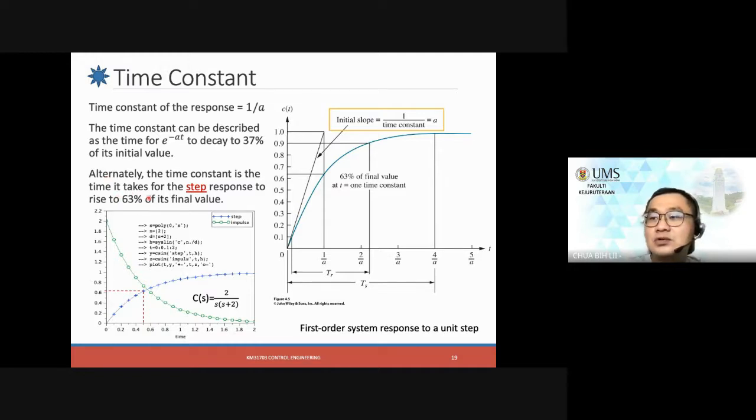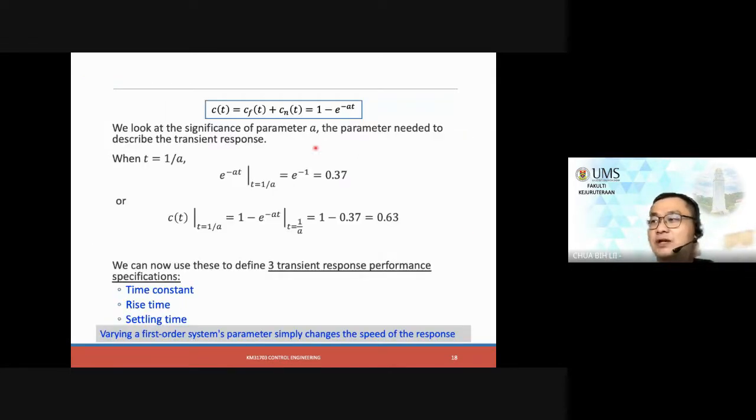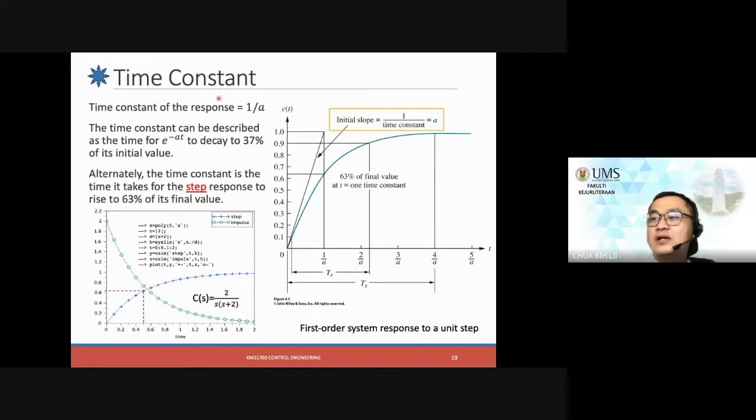So what happened is, if you would like to find the time constant, if you would like to find this a value, now we put a general constant over there, a, right? If you would like to find the a value, it is defined by the time constant. The time constant is called 1 over a. And the time constant can be described as the time for e to the minus at to decay to 37%.